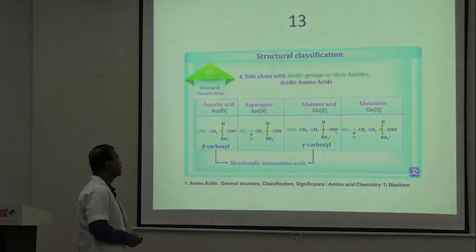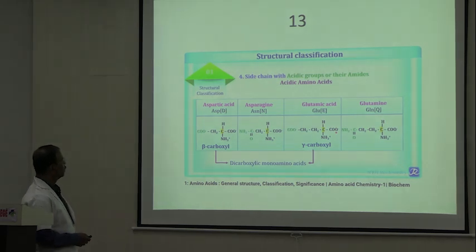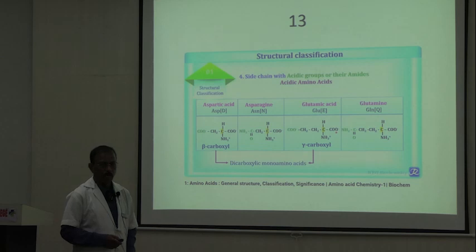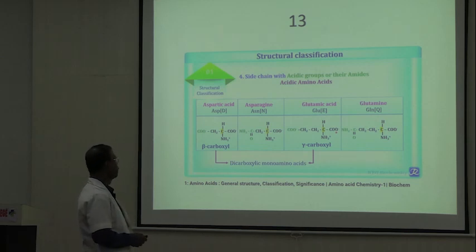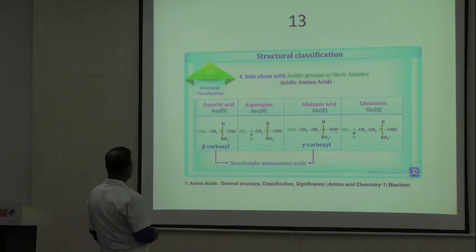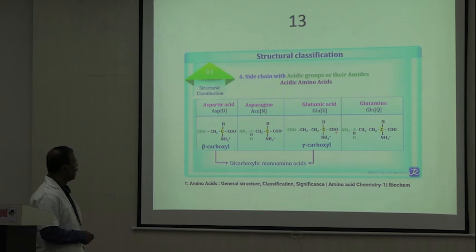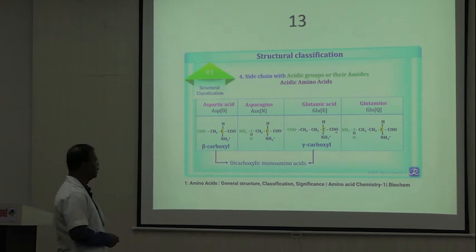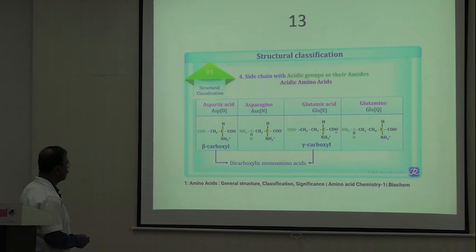Next structural classification, fourth, is side chain with acidic group, or their amides. These are aspartic acid and glutamic acid, and asparagine and glutamine are their amides.